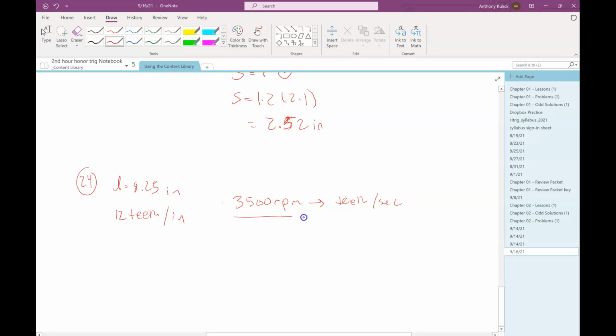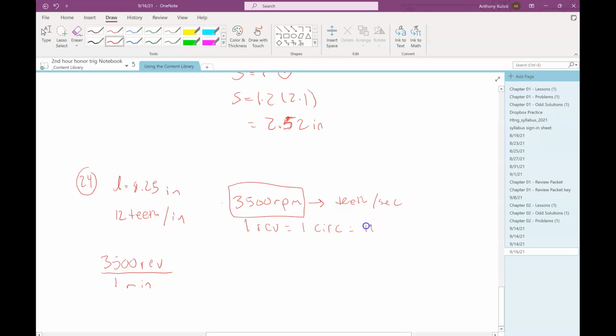So I'm going to start with the 3,500 RPM. I'm going to write that as 3,500 revolutions per 1 minute. The first thing I'm going to do is convert revolutions into linear distance. I know that 1 revolution is 1 circumference.